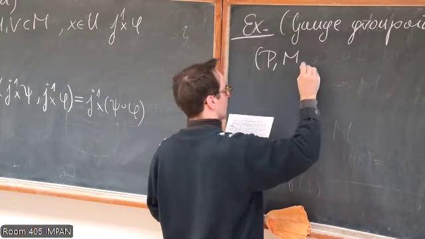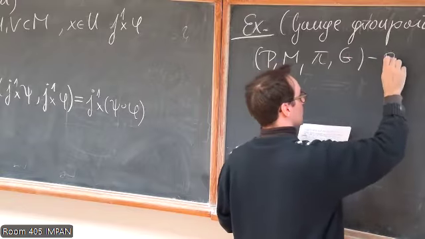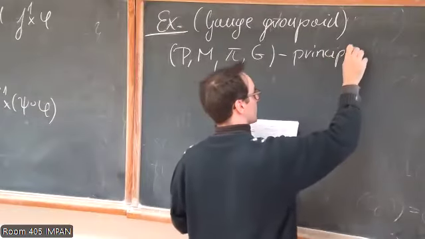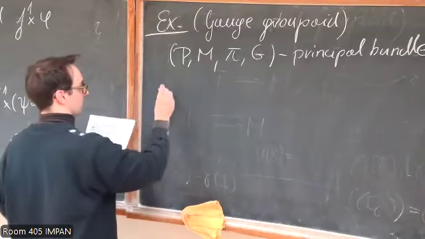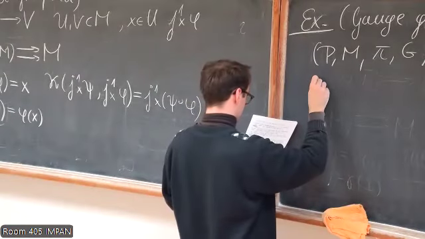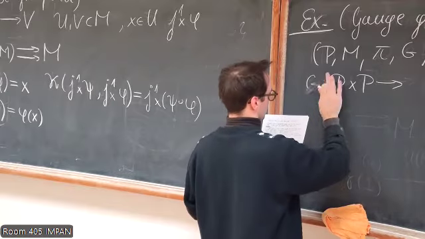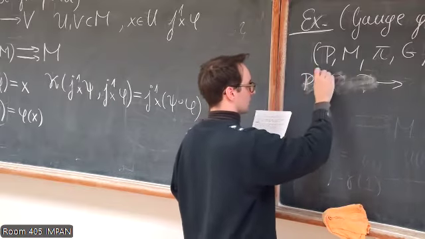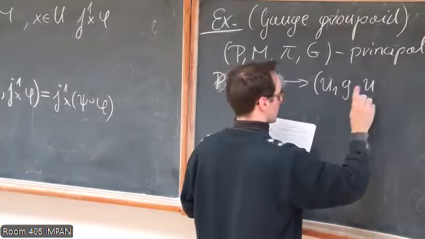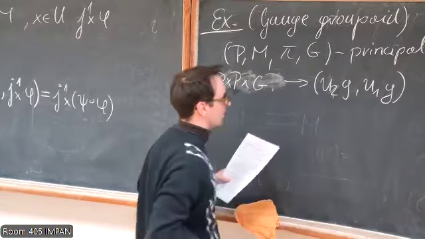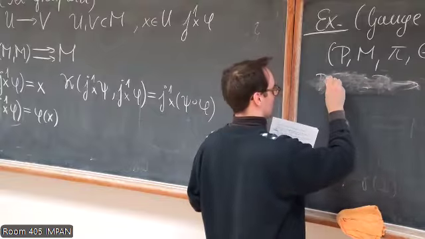So let P be a principal bundle. Okay, and let G act from the right.